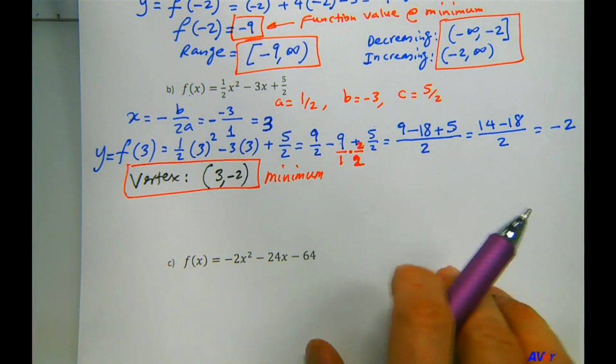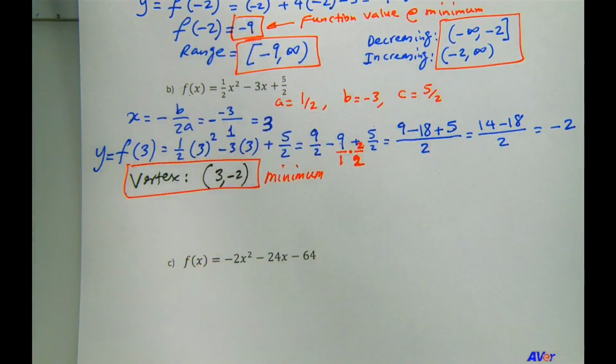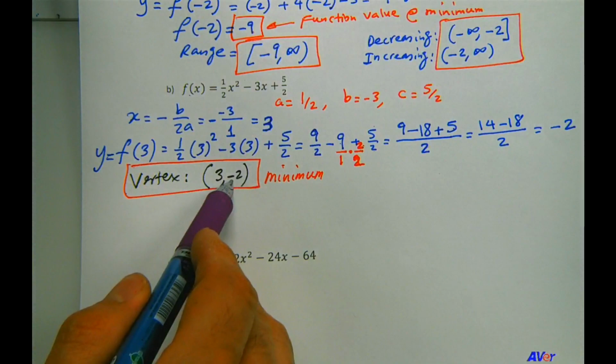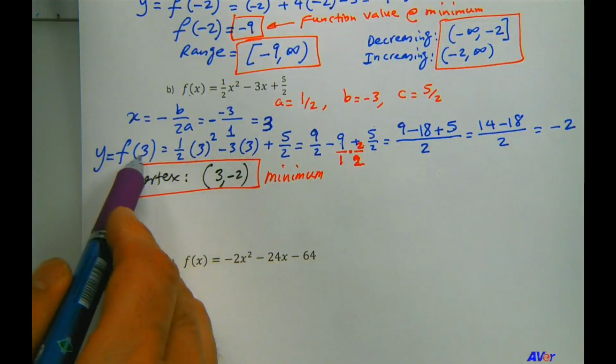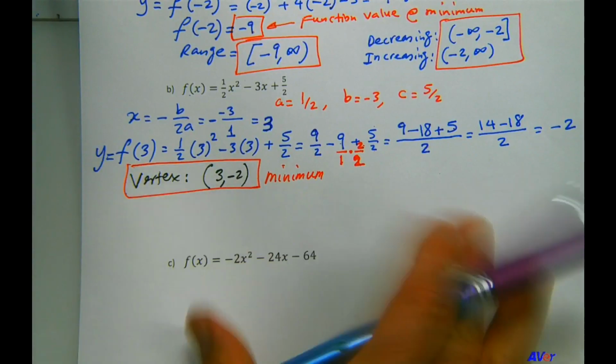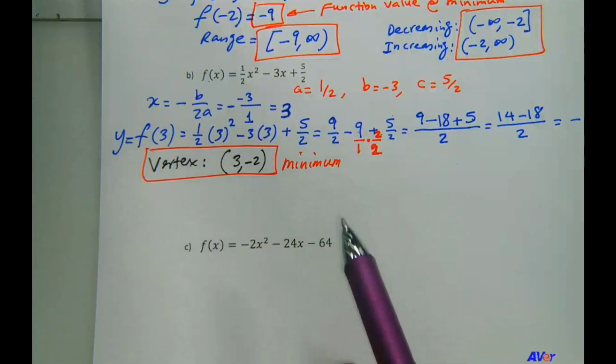Then what else do they ask us? I'm reading from the problem statement: state the value of the function at its minimum. The value of the function at minimum is negative 2. That's what we calculated. When we're calculating the y component of the vertex, that's what we're calculating, the value of the function at minimum.